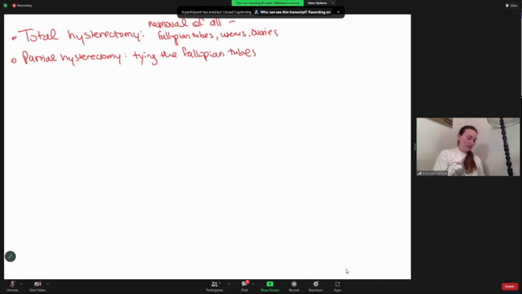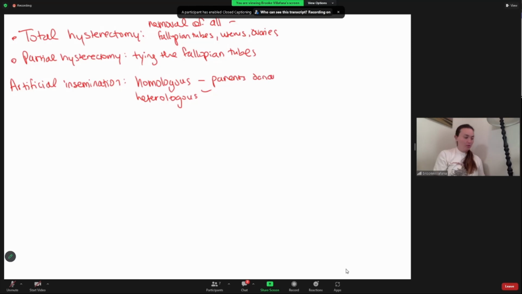Artificial insemination, right? This would be when you have a sperm donor, semen donor. There can be homologous. I'm just going to be honest, this little topic right here is very unlikely to be on the test, but I'm going to write it real quick. Homologous is when the parents donate, so they would donate their sperm and their egg.